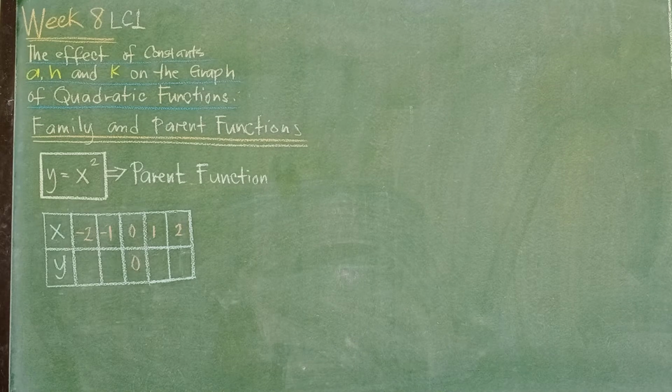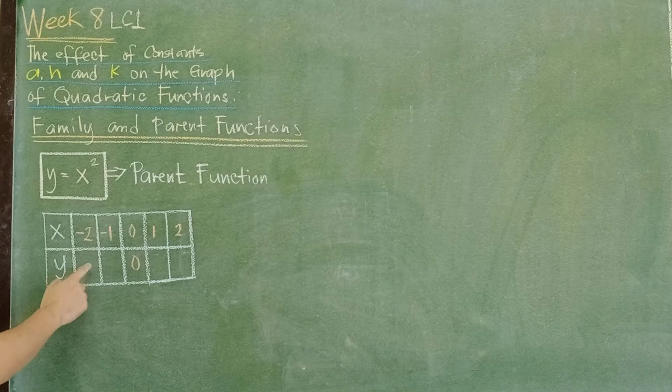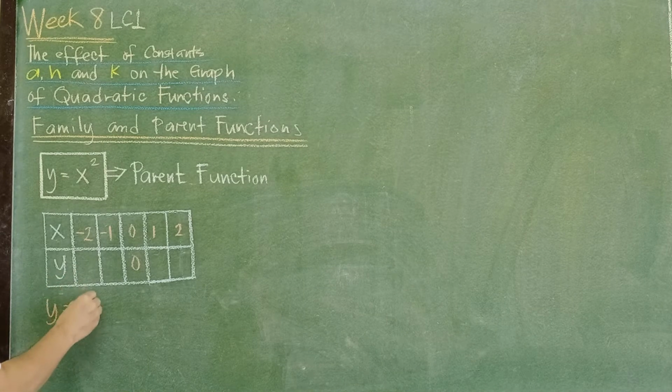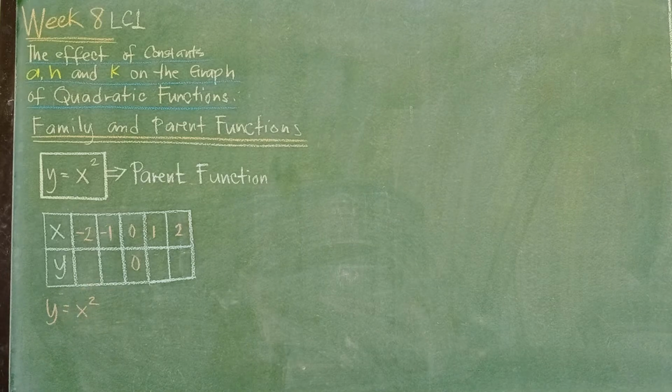So ang mangyayari, for this value, gagamitin natin yung value ng x, yung negative 2, isa-substitute natin doon sa may x sa may equation natin o sa may function natin.